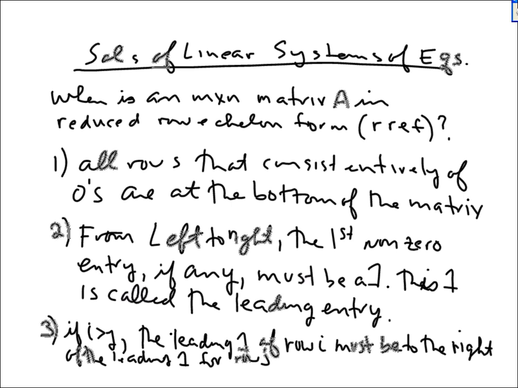That is, if row j has a leading 1 in the fourth column, and i is bigger, then row i must have its leading one, if it has one, in either column 6 or column 7 or column 8 or column 9. It must be in a column beyond that of row j. As you go down in the rows, the leading ones go to the right.